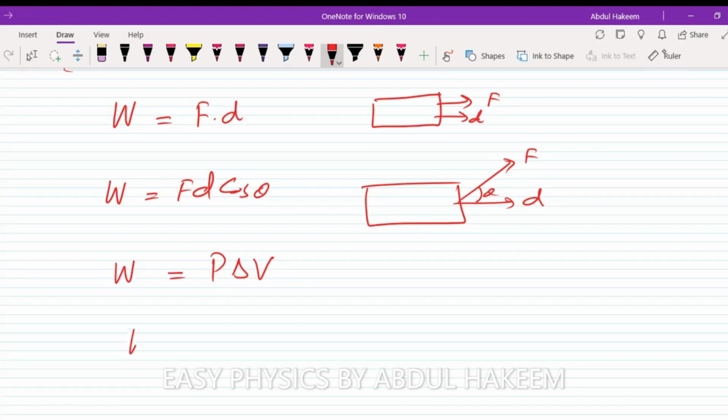That's why work is equal to change of energy. Now, what is energy? Energy is the ability of an object to perform some work. Work is scalar, energy is scalar, both are measured in joules.